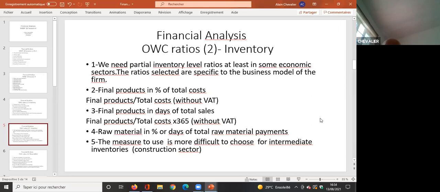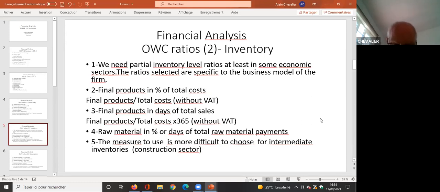But second, we need more specific elements on the 4 categories of inventories we can find, which are, to simplify, raw materials, final products, final products bought from outside, and intermediate products.